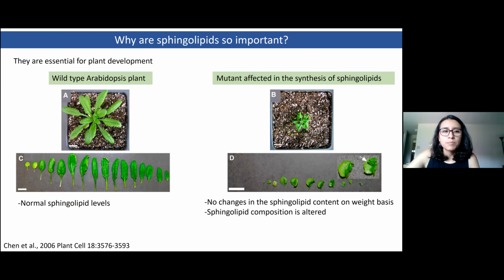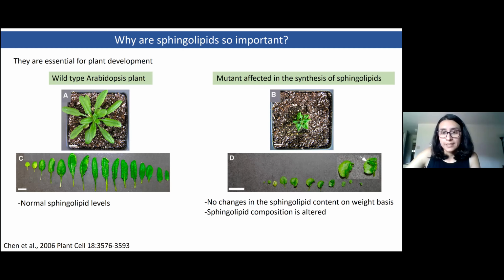You can see how this plant develops. However, if we compare that to a sphingolipid mutant, in which the synthesis has been affected, you can clearly see that this small plant, compared to wild type, has differences in development. And here, where all the leaves from this plant are displayed, you see that the leaves are curled, and this is altered development.